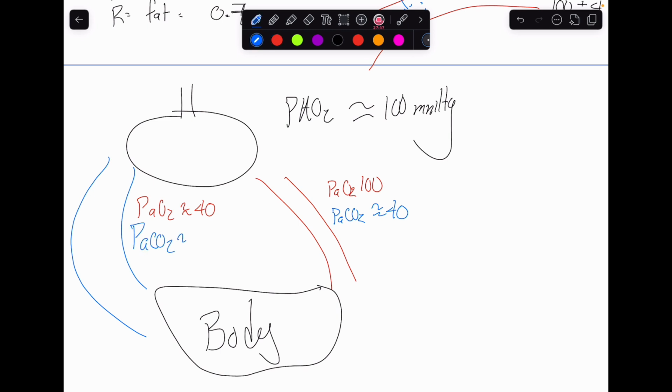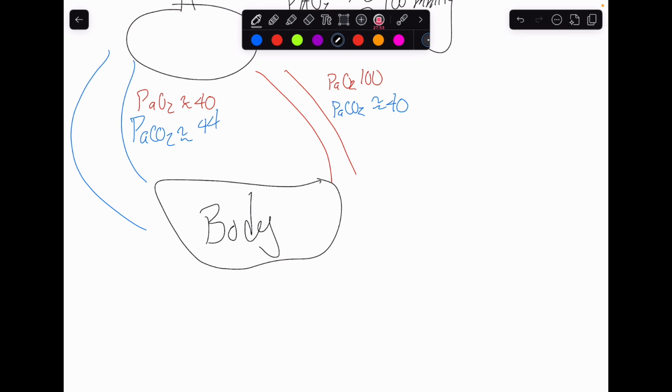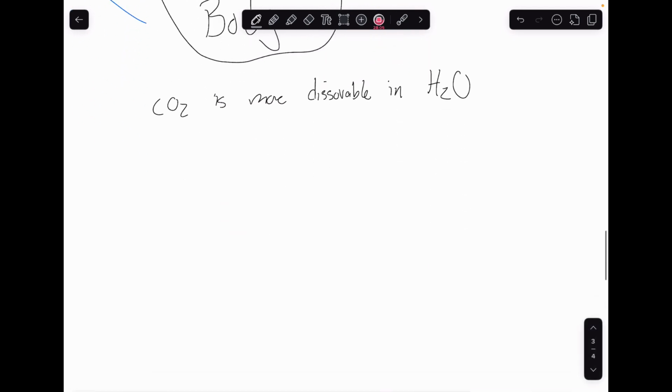The reason for this difference is that CO2 is more dissolvable in H2O. I'll show you why. H2O is polar. We look at CO2, which is slightly polar.